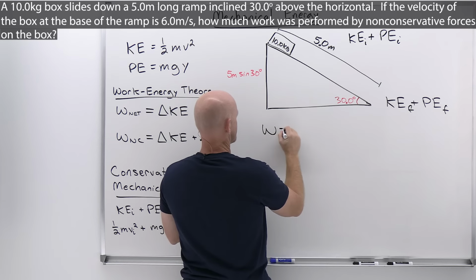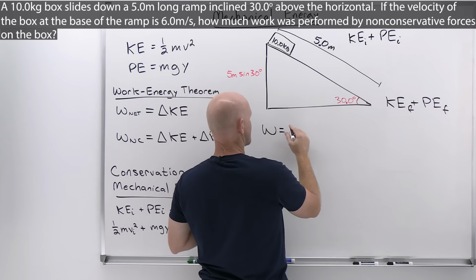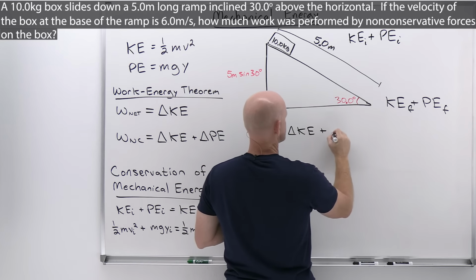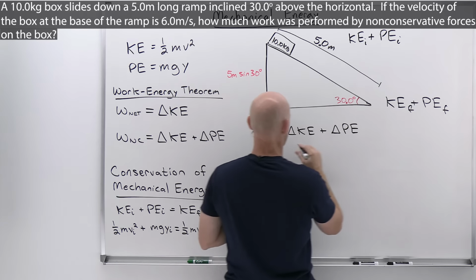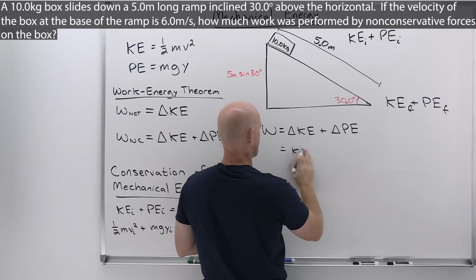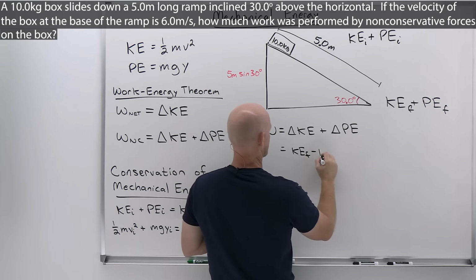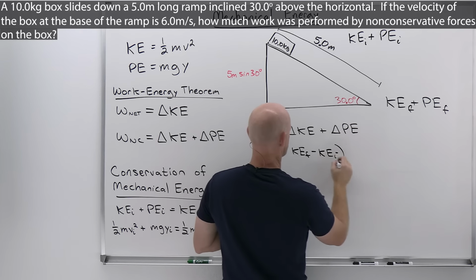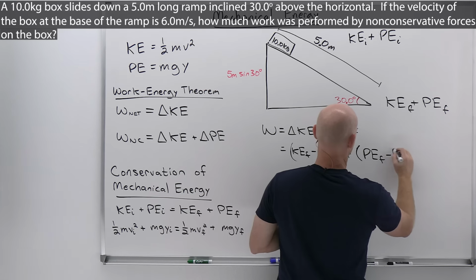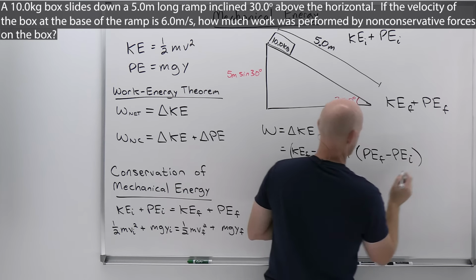So with our change, we can use initial and final in this case. Our work is therefore going to equal the change in mechanical energy, which we could look at as change in kinetic plus change in potential, which would be kinetic energy final minus kinetic energy initial plus potential energy final minus potential energy initial.